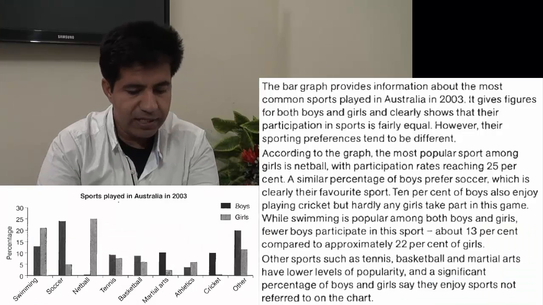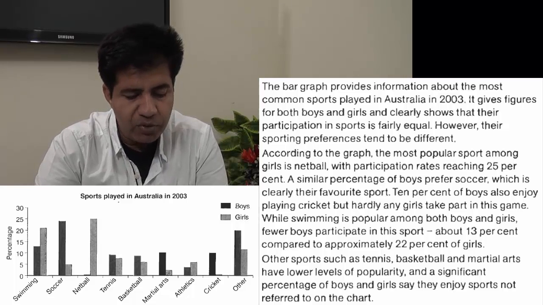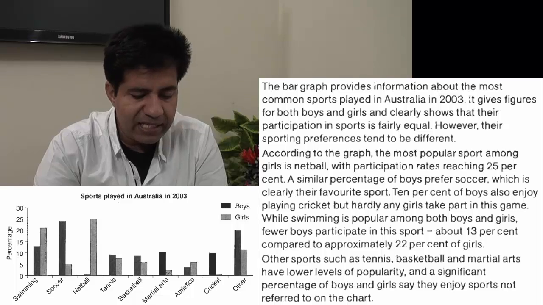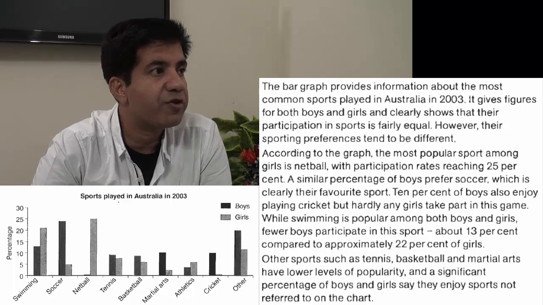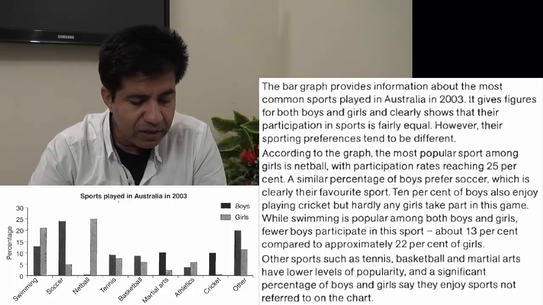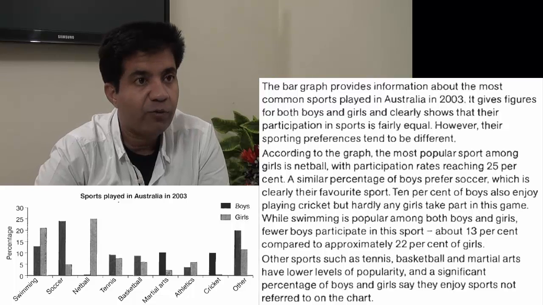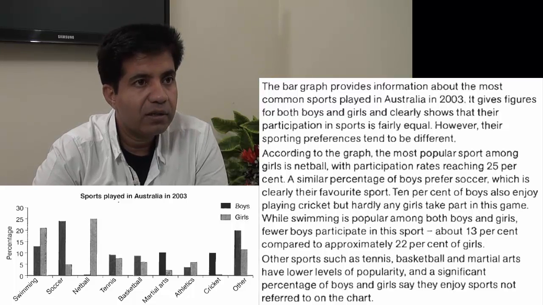Okay, let's start. The bar graph provides information about the most common sports played in Australia in 2003. Agree? Yes. It gives figures for both boys and girls and clearly shows that their participation in sports is fairly equal. Participation is not fairly equal?